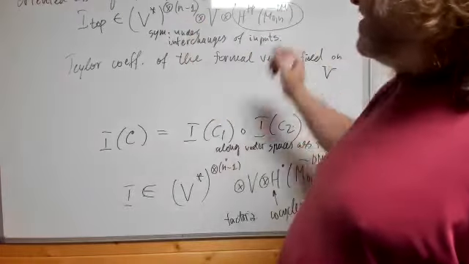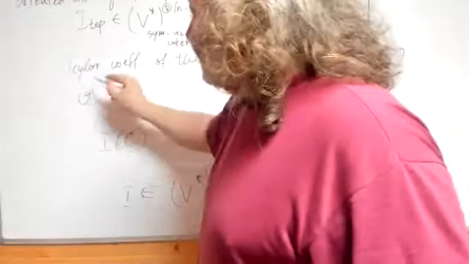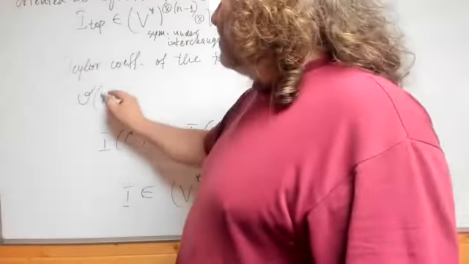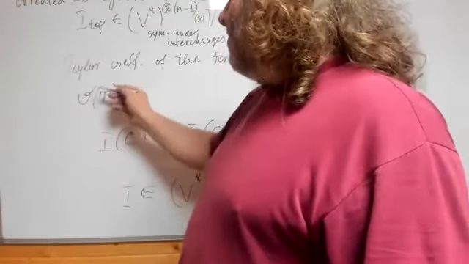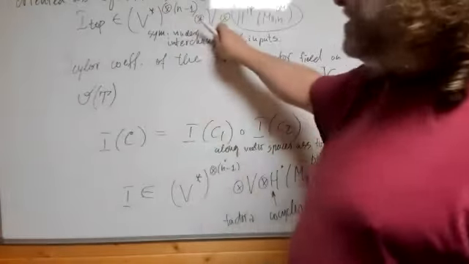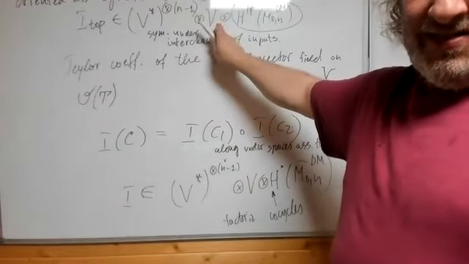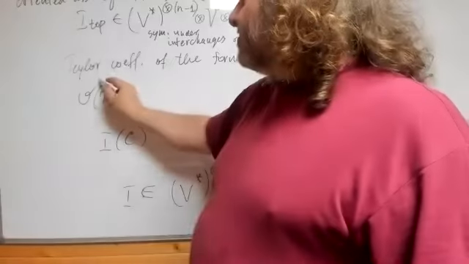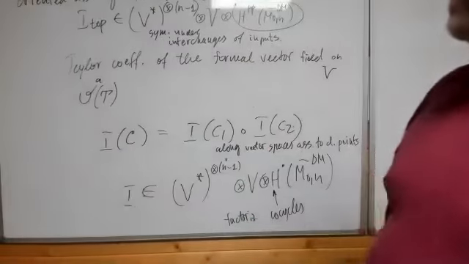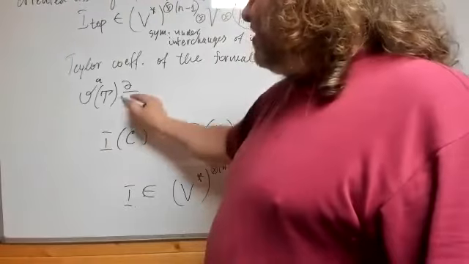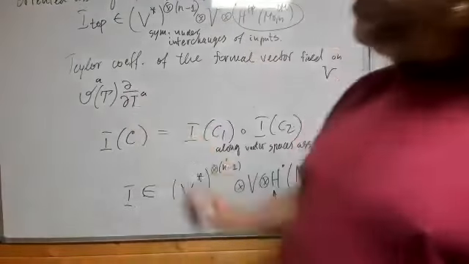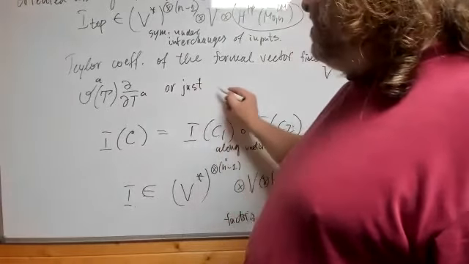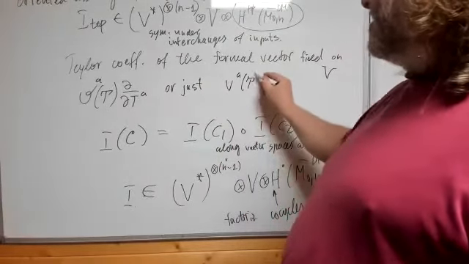You see, if these are Taylor coefficients, I consider the vector field V of some coordinates t. It's a vector field because it takes values not in functions. It takes value in the same space. So I may denote it like this, or just consider its component.